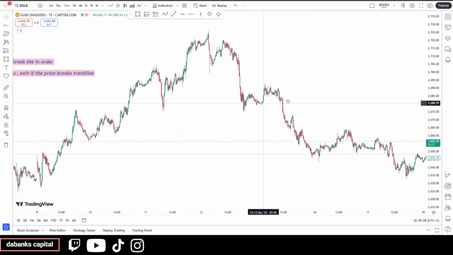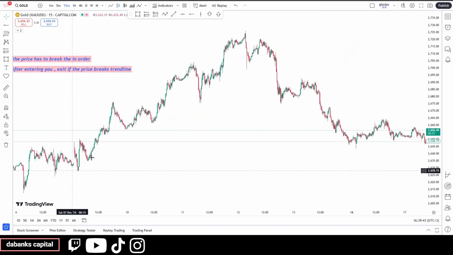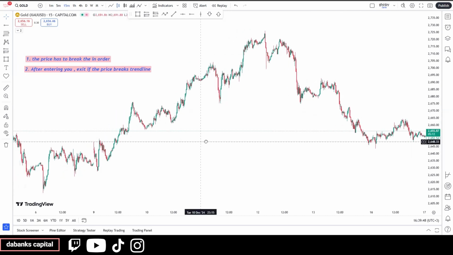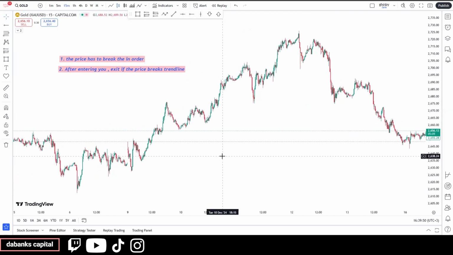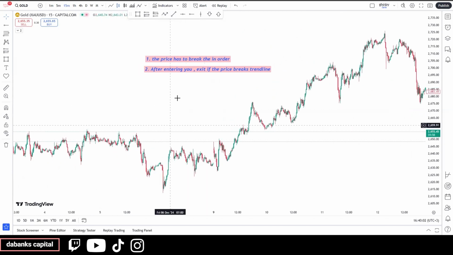So for you to take this trade, make sure you respect the direction of the market, whether the market is in an uptrend or a downtrend. So for example, we can see in this chart, here is our first trend line, if I draw it like that.